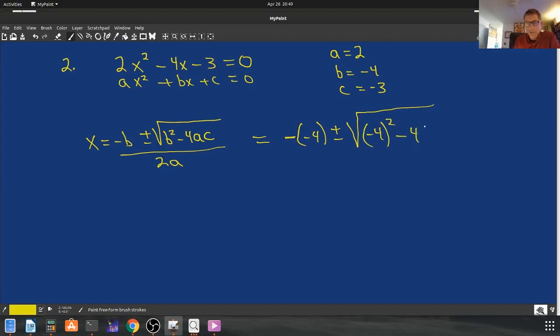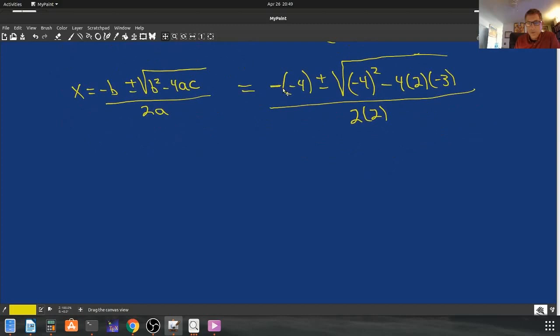Minus 4 times A, which has a value of 2, and C has a value of minus 3. All of this is going to be over 2 times A. So again, now it's literally just simplification. Starting down here, minus a minus 4 is 4.